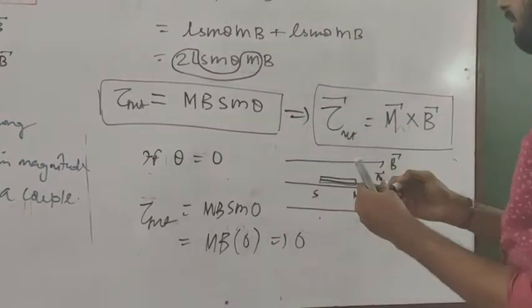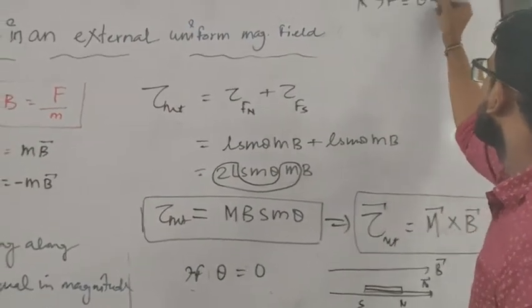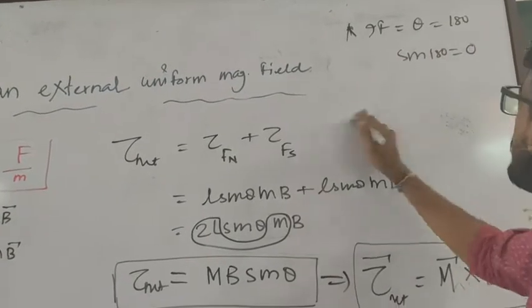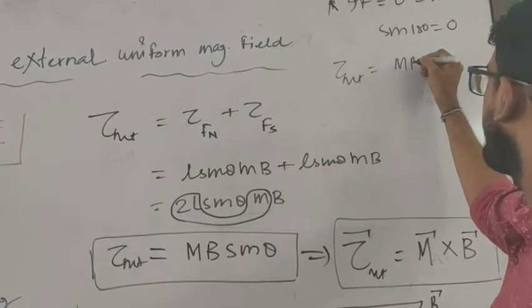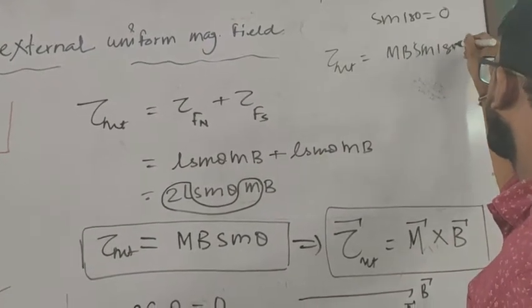Similarly, if theta is 180, again sin 180 equals 0. So tau net will become how much? MB sin 180, which is equal to 0.